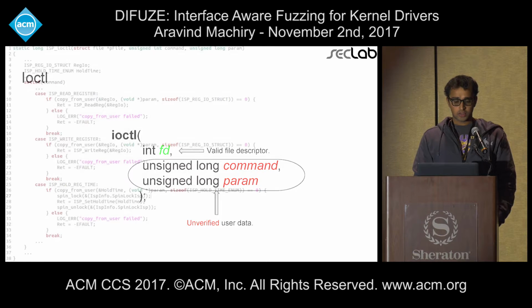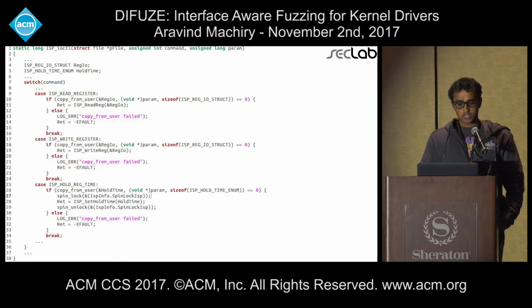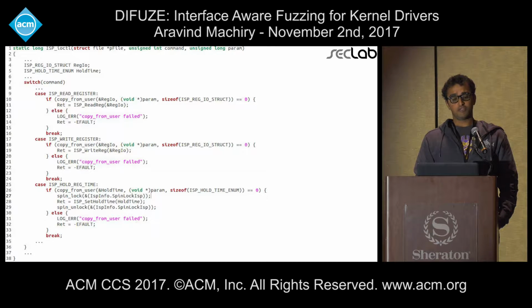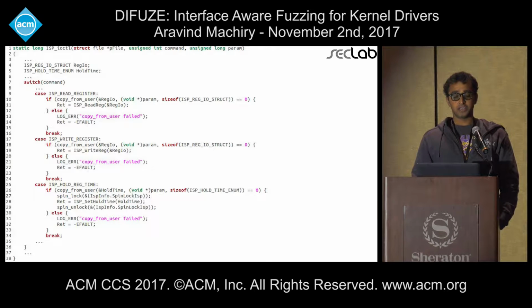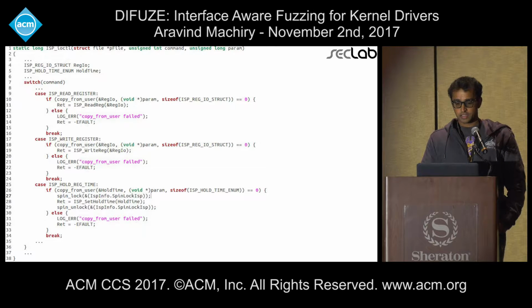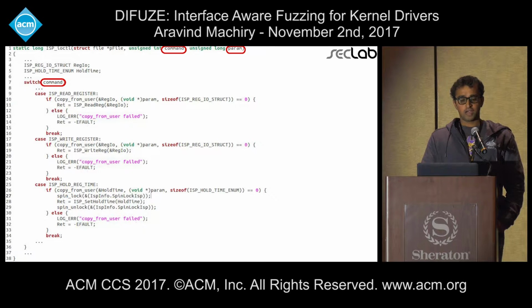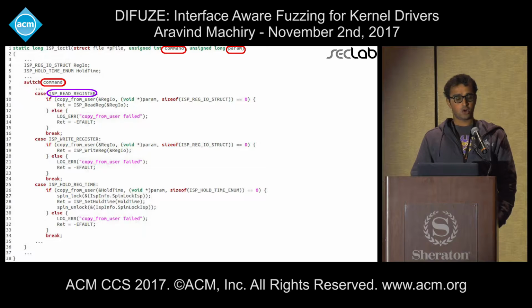The slide shows an actual real-world example of an ioctl system call implemented by the camera ISP driver in MediaTek devices. Here, these are the two parameters completely controlled by the user. You can see that the ioctl first checks the value of the command against ISP read register, a constant value.